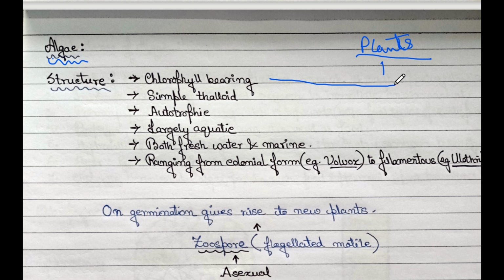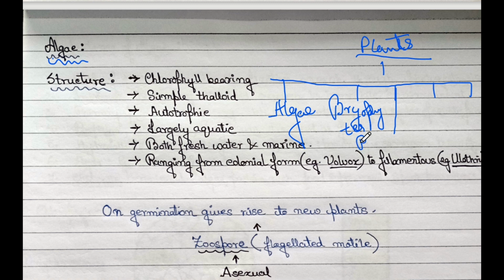Under plant, there are algae, bryophytes, pteridophytes, gymnosperm, and angiosperm.